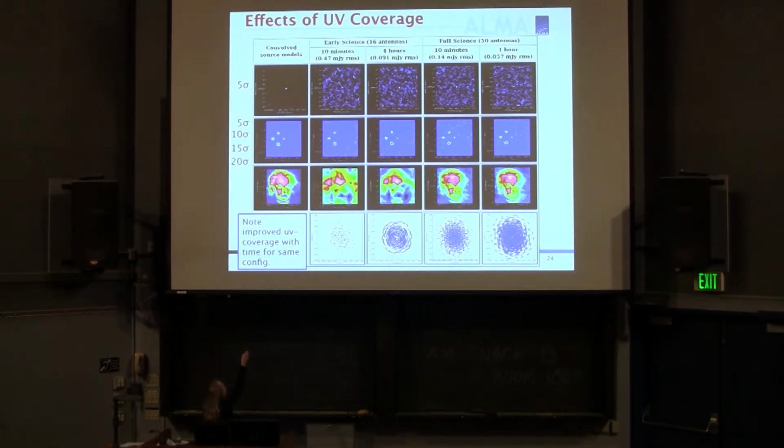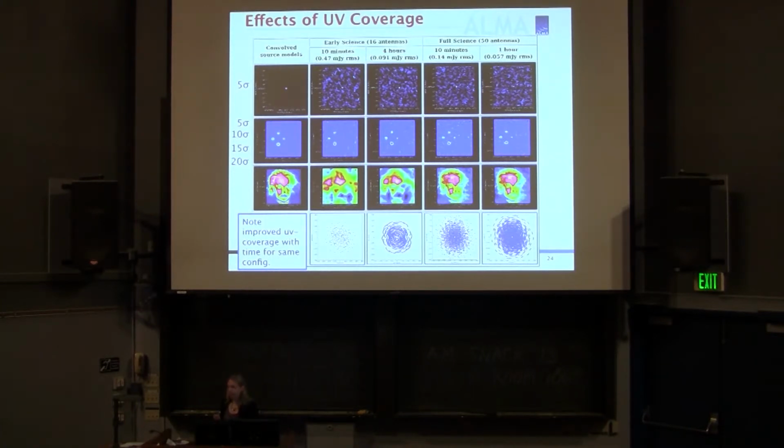Finally, we have a synthetic Albert Einstein, and you can see Albert Einstein looks pretty horrible in the early science configurations, whether you observe him for 10 minutes or 4 hours. And then Albert Einstein starts looking a little bit better as you go towards 1 hour with full science. Now, to be honest, he still looks kind of rough, but at least you can sort of recover that it does, in fact, look like Albert Einstein.